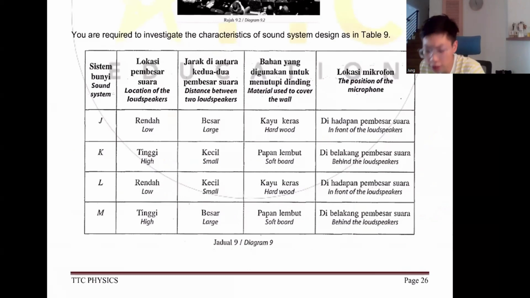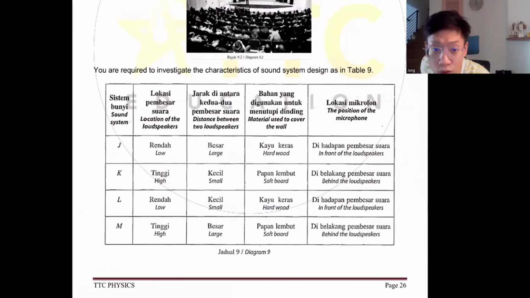Now, can you tell me, I have to design a sound system. We have J, K, L, and M. Can you tell me which is the better sound system in the hall?